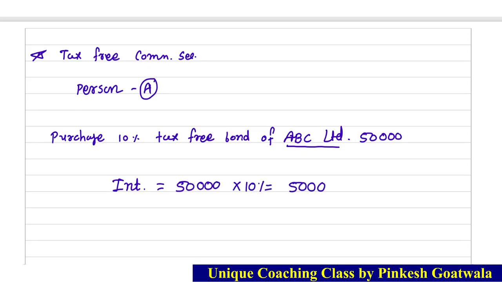Now what's the effect of this tax free commercial security? First of all, tax free. By these words, almost everyone thinks that it is tax free, means no tax has to be paid, right? Tax free means there is no tax to be paid on it, right? Almost everyone thinks that. It was right, not wrong. But also think that it's a commercial, means a private security.